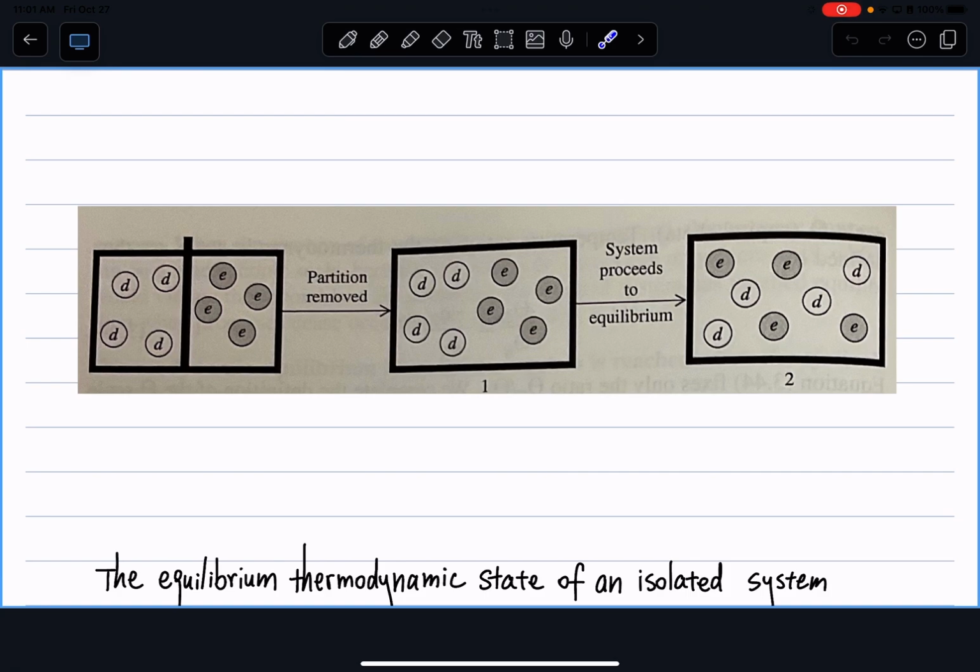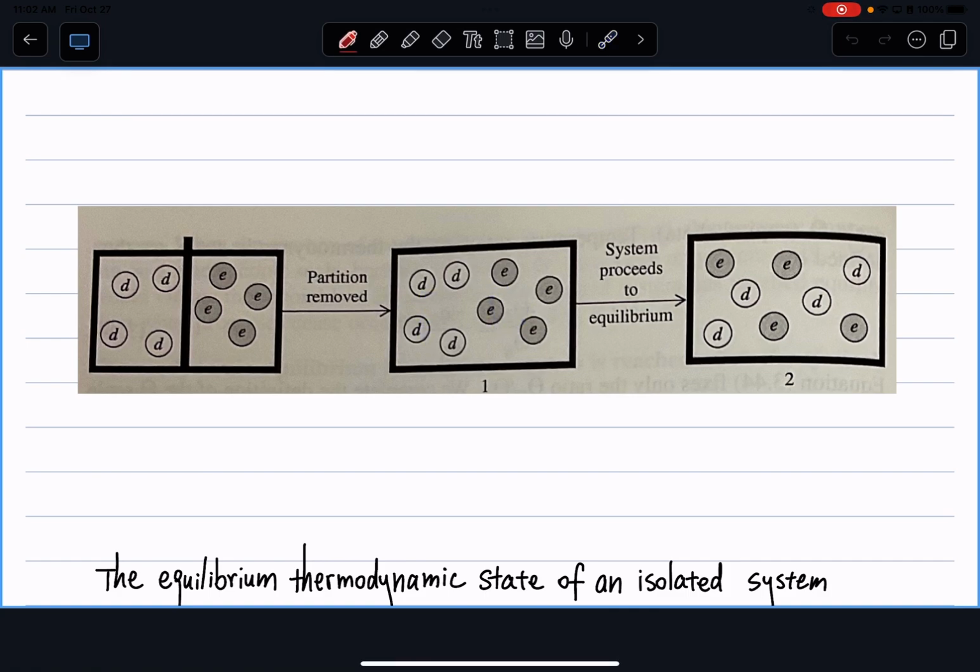Now, at the moment when that wall has been removed, you have D molecules on the left and E molecules on the right. It's flipped on my end, but nevertheless, you have the molecules staying on one end.